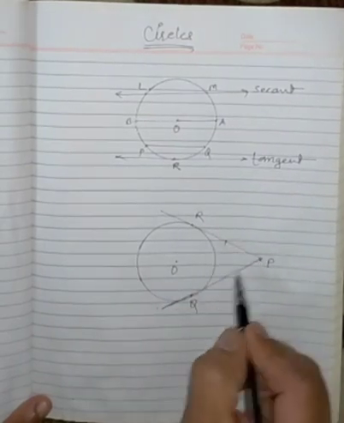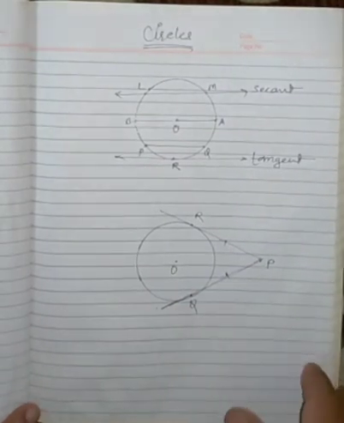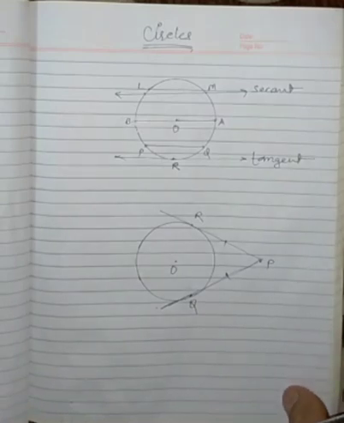So PR will be equal to PQ. This is theorem 10.2.